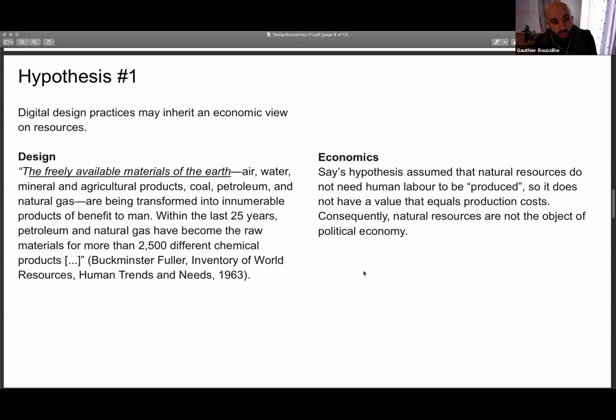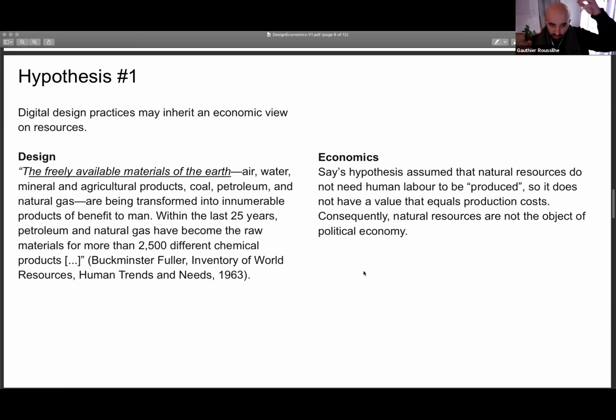But I've been reading back a few of the seminal books of design, from the beginning of the century to nowadays, and also looking at the books in design that actually treat the question of resources, because my first hypothesis was to look at the question of natural resources in digital design and what we can learn from resources in economics that can apply to what we are doing right now with digital design.